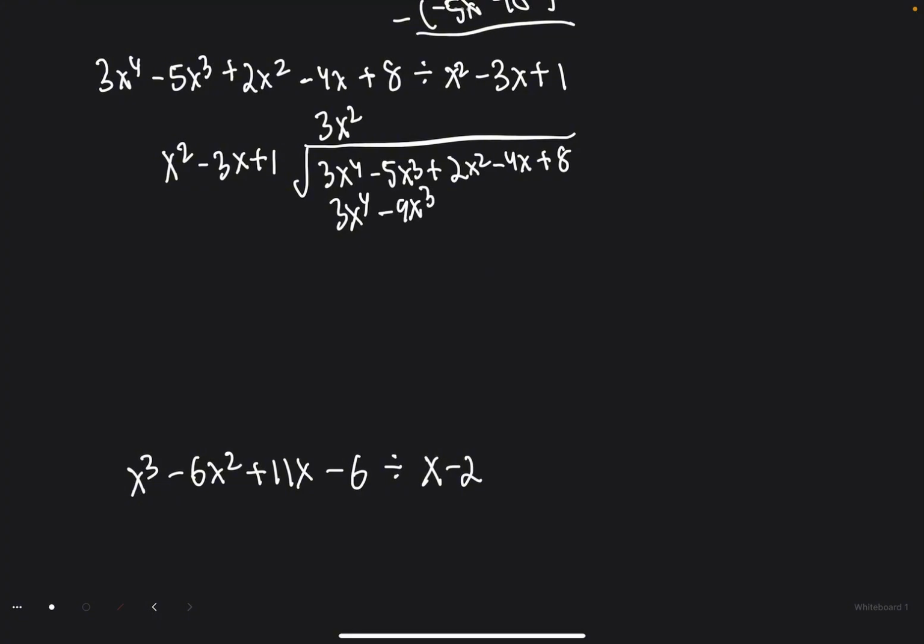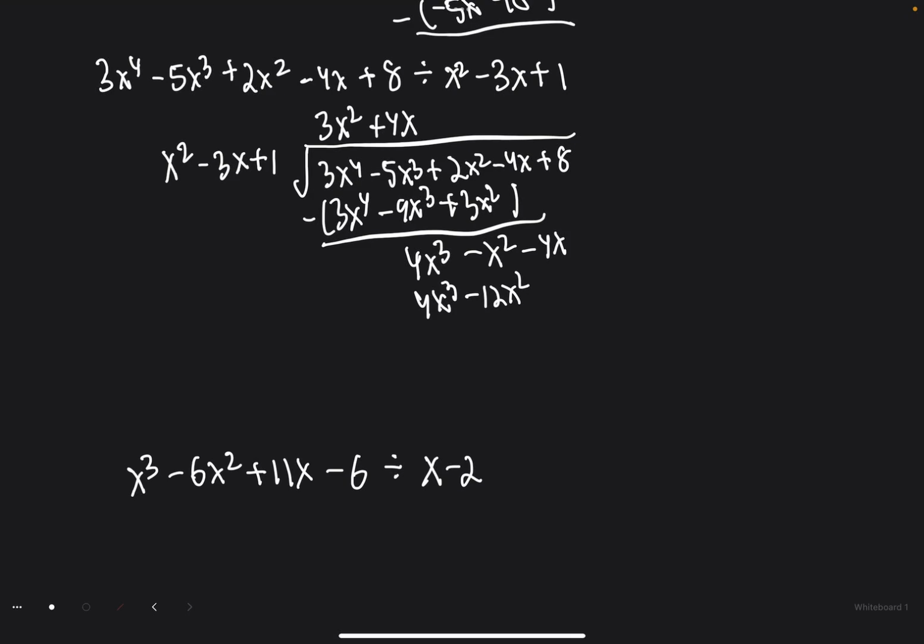And we have to be careful, we can't stop, we still have another one, so plus 3x squared, and so we distribute that negative, we get 0, and now we also get 4x to the third, and we get minus x squared, and so we would bring down another term to match our three terms in the divisor, so plus 4x, so 4x to the third minus 12x to the second, and then plus 4x.